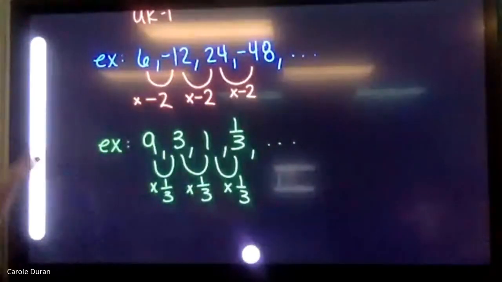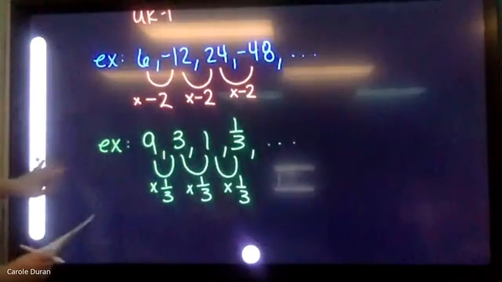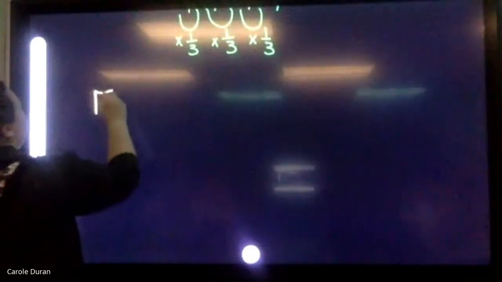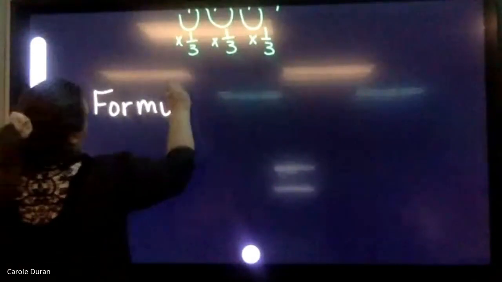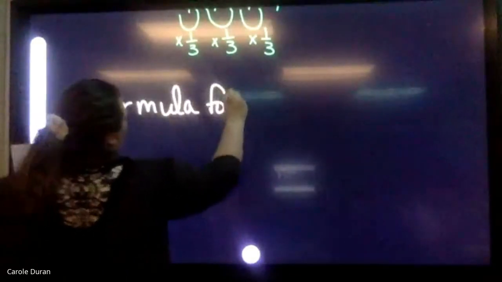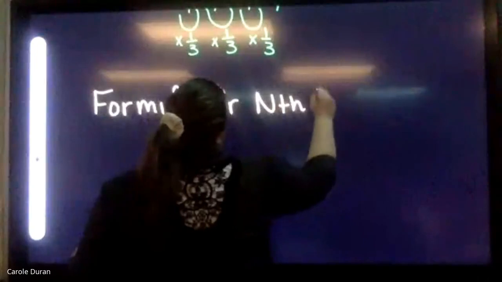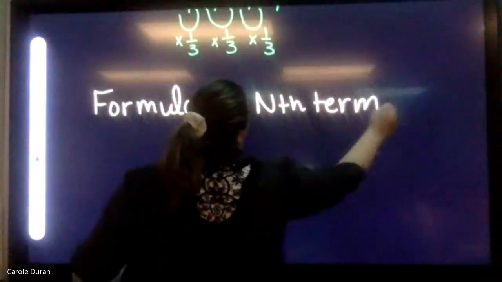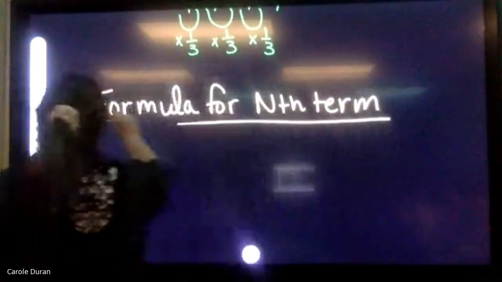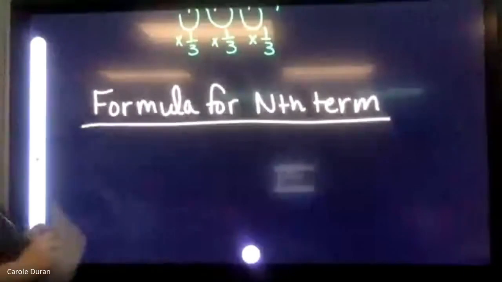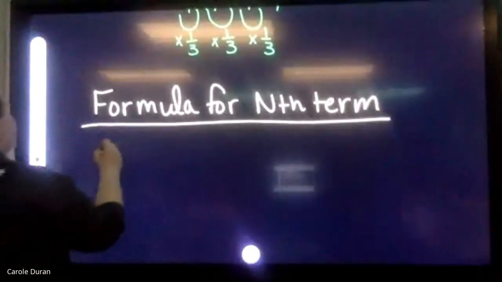Okay, so let's go ahead and write out what the formula for the nth term of a geometric sequence is, and then we'll use that. The formula for the nth term of a geometric sequence is different than the formula for the nth term of an arithmetic sequence.